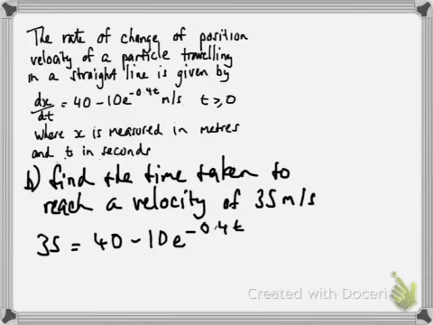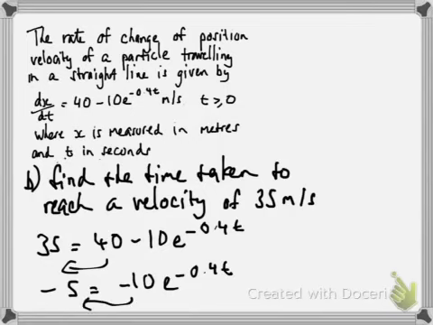For example, if I take the 40 across to the other side, I get negative 5 equals negative 10 e to the minus 0.4t. Then if I divide through by negative 10, I get 0.5 equals e to the negative 0.4t. So I can progress things a fair way before I go to the calculator.